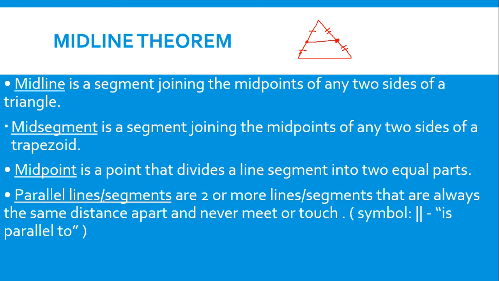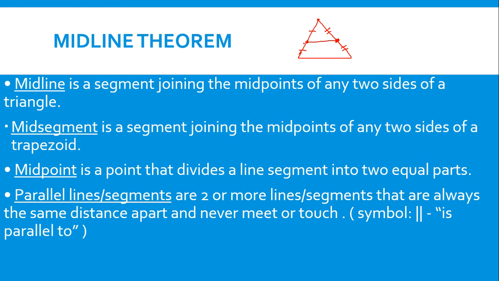Next, parallel lines or segments are two or more lines or segments that are always the same distance apart and never meet or touch. So, the midline and the base of the triangle are always parallel to each other. The sides are not parallel to each other because they meet at a certain point.